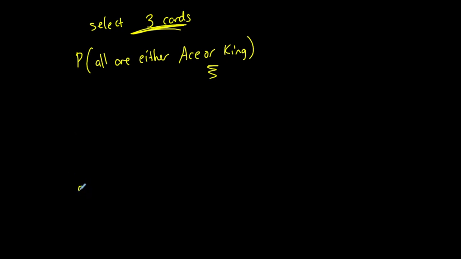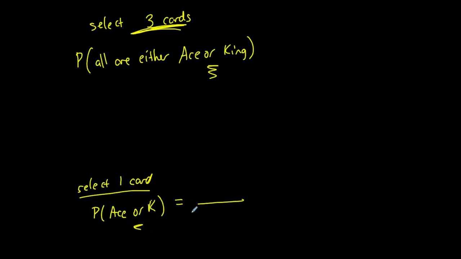So I want you to first think about selecting 1 card and how to determine that. If I select 1 card, what's the probability it's an ace or a king? Well, let's do that. Are these 2 events, right, the OR case is addition, are they mutually exclusive? Yes, I don't have an ace and a king at the same time, so I do not have to subtract any intersection.